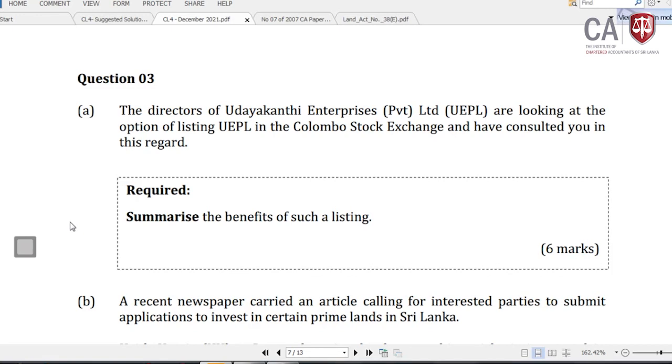Then listing attracts the interest of institutional investors of the country as well as foreign institutional investors. What do you mean by that? Who are institutional investors? Institutional investors are basically other business entities, such as insurance companies and banks.